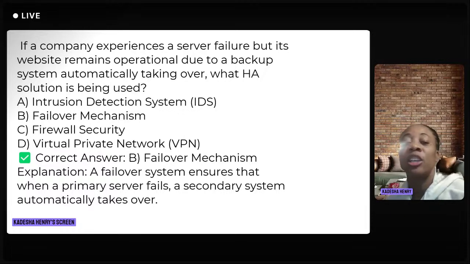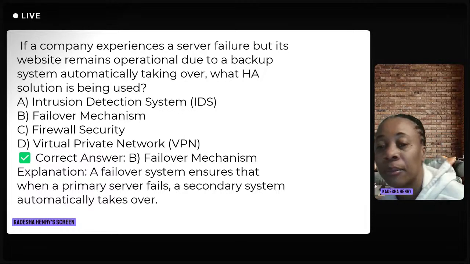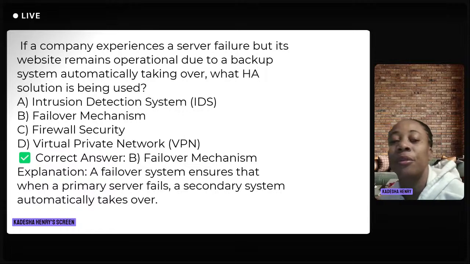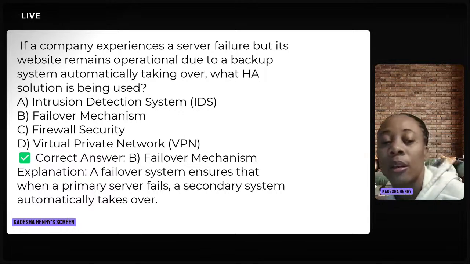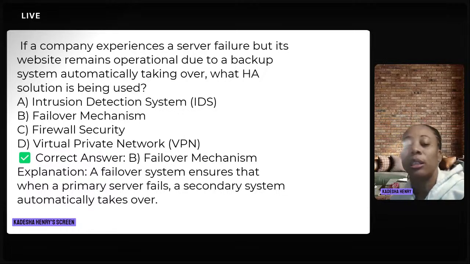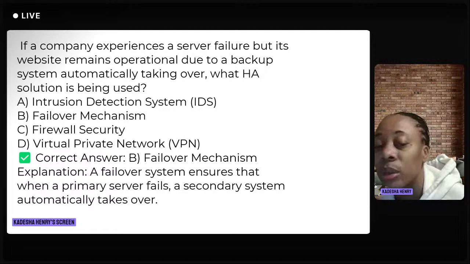Is it A, intrusion detection system, B, failover mechanism, C, firewall security, or D, virtual private network? And the answer to this would be B.